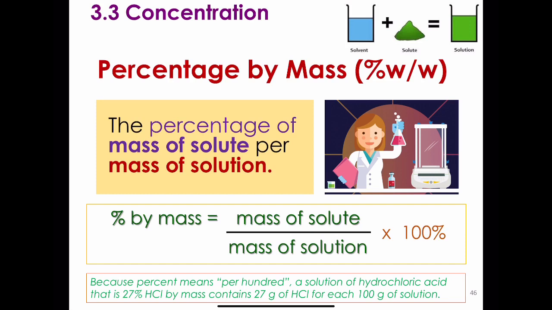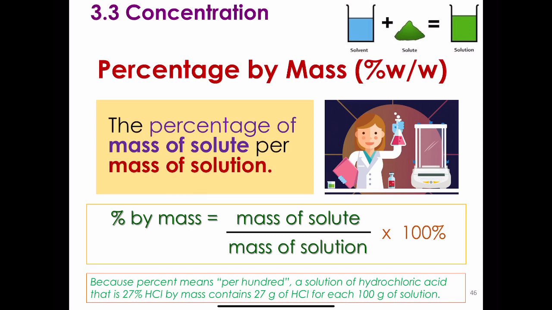Okay, so because percent means per 100, so a solution of hydrochloric acid that is 27% HCl by mass contains 27 gram of HCl for each 100 gram of solution. Okay, so kalau kita cakap ada 27% of sugar in the solution, bermaksud for every 100 gram of the solution ada 27 gram gula dalam tu.